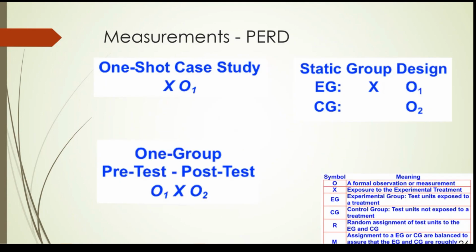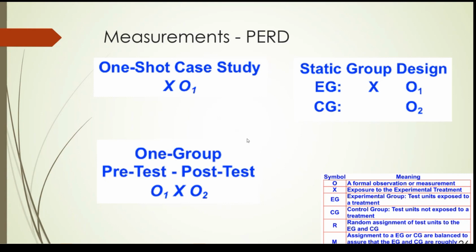Now, let's compare the different techniques for each experimental design. Okay. Now, in one-shot case study, you get the group to be exposed to the treatment, to be exposed to the factor. Then you do the observation, one-time case study.